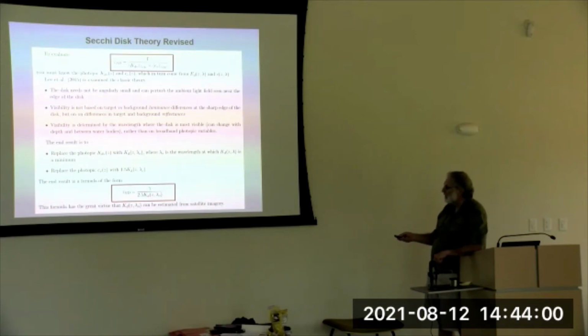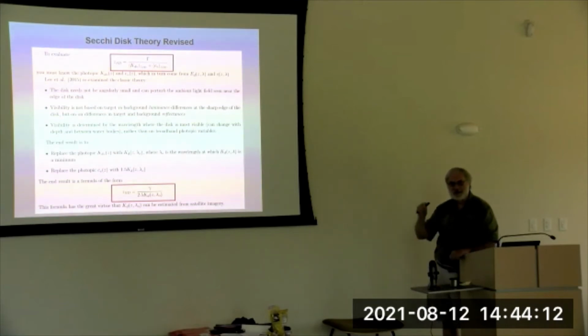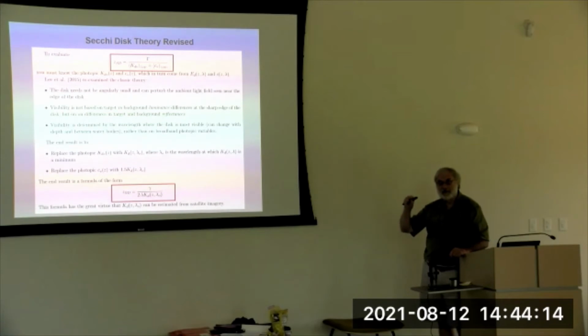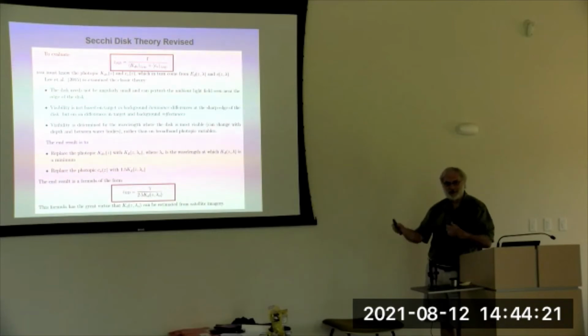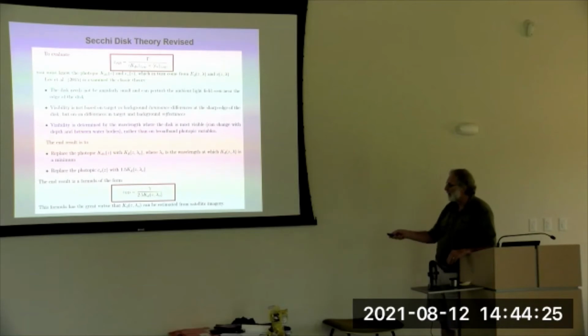And the end result is he finally comes up with a formula that says the Secchi depth is a scaling factor over 2.5 times KD at the wavelength where KD is the minimum. So in other words, whatever wavelength in this water is the clearest, measured by KD, I'll use that wavelength and I'll plug into this little formula and I'll get the Secchi depth.